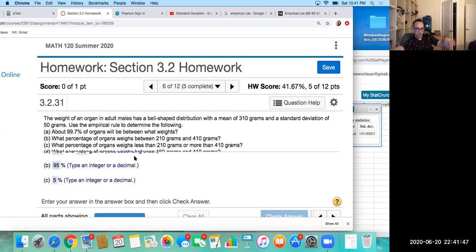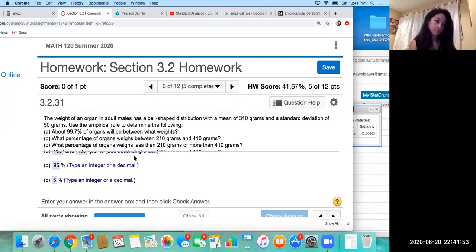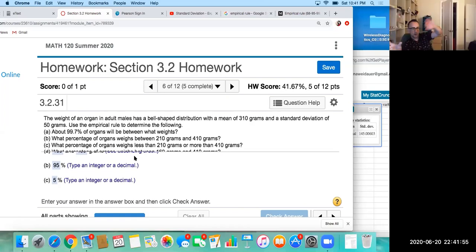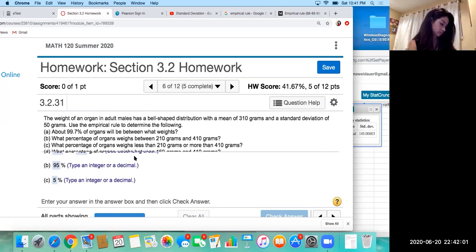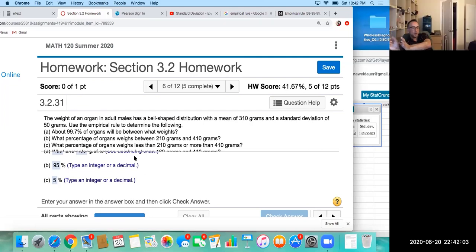That means 5% is in the tails. So that means 2.5% is on the right tail. So if you draw a normal curve and you put 410 on the right, then to the right of 410, you could say 0.025 or actually just say 2.5% to the right of 410.